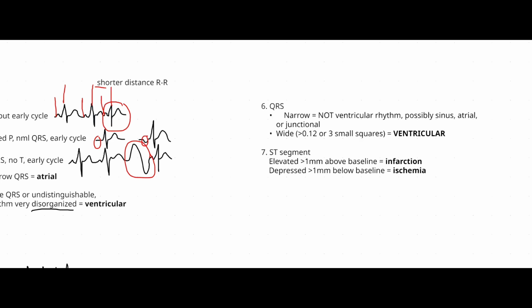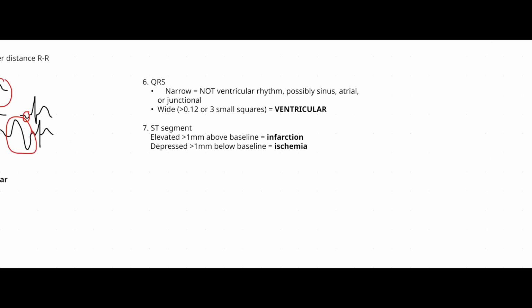If you have a STEMI, you have your P, Q, R, S. Instead of the S going back down to baseline, it stays up and goes down here. Okay, so that's your ST elevation.